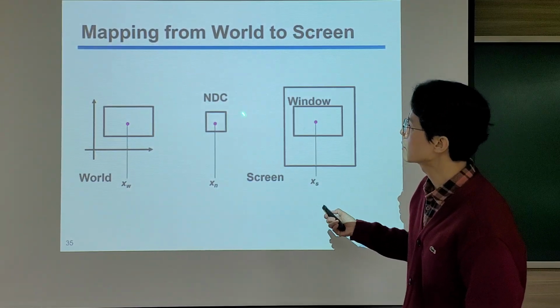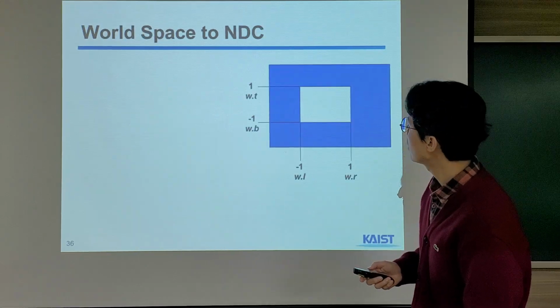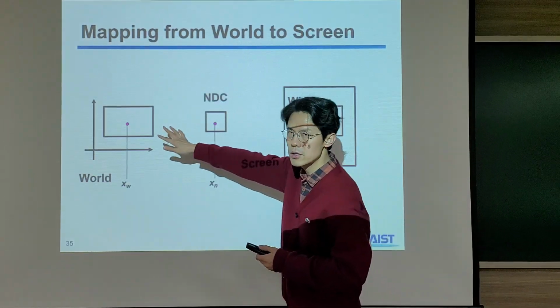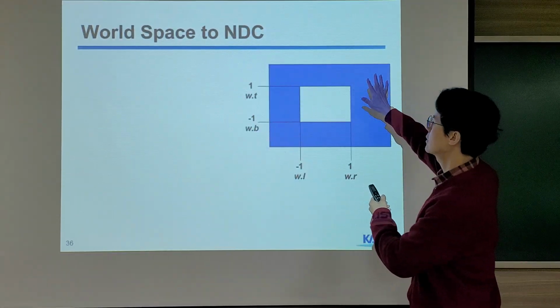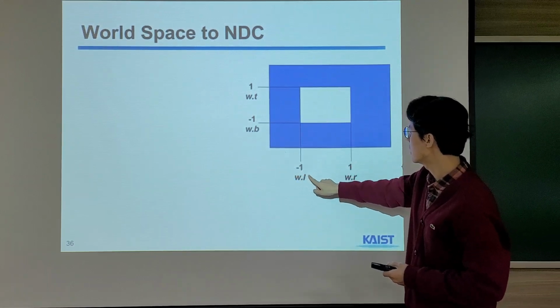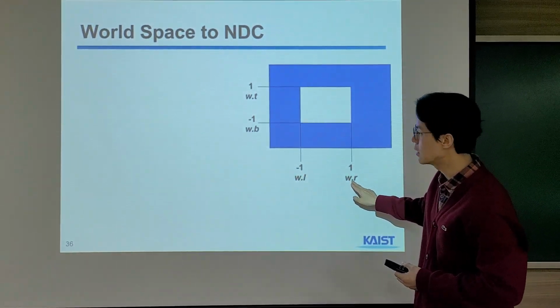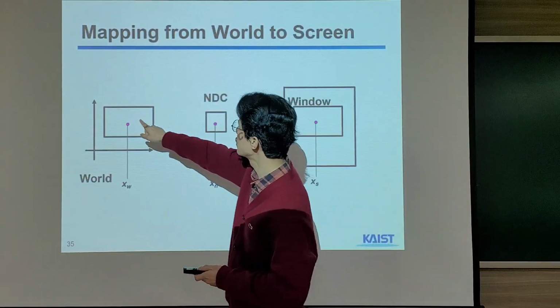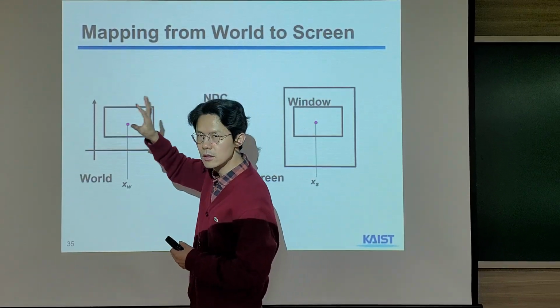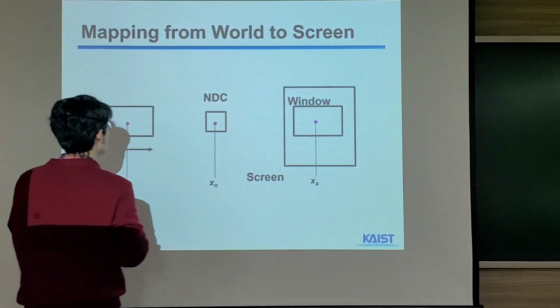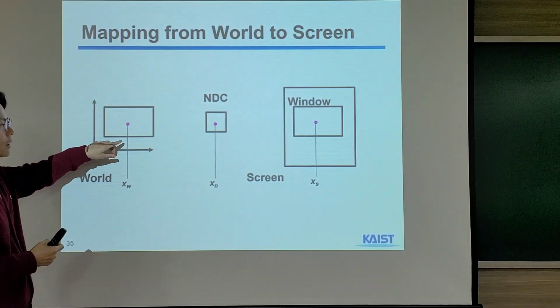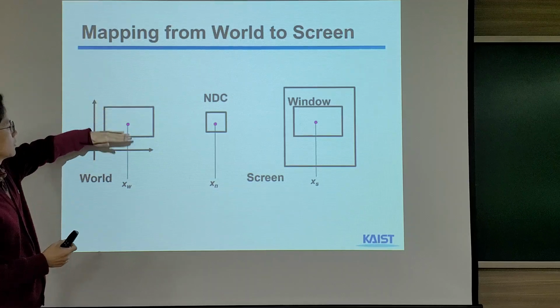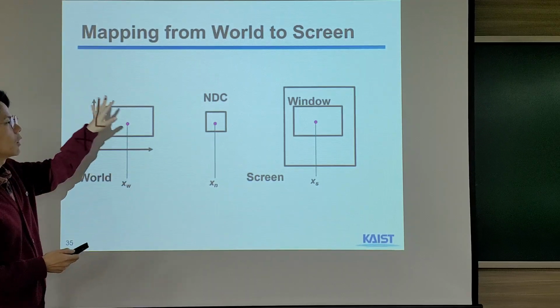Now let's look at this part first. To know their relationship, we can align them together like this, right? Suppose that in terms of the world region, we can only look at this portion of the world, starting from left and right, bottom and top in the world space.